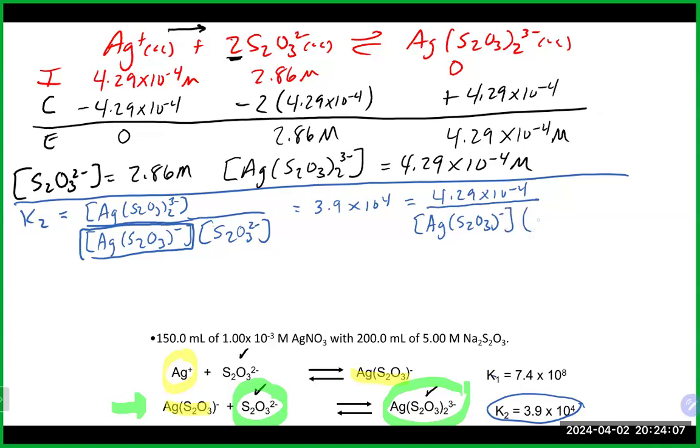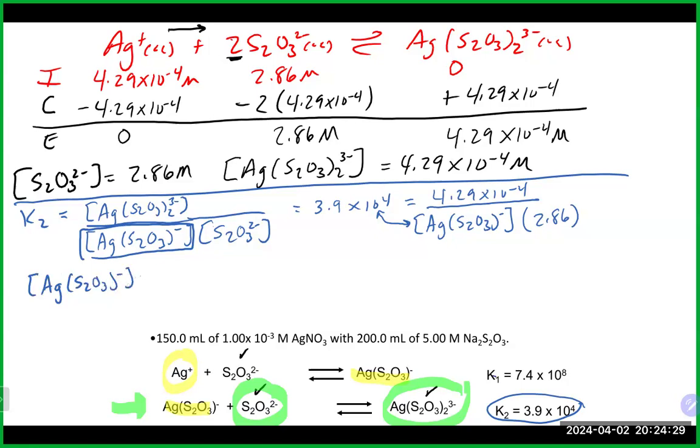And we do have the S2O3, which is 2.86. Once again, if we mathematically solve for that, these two guys are going to switch places. We're going to multiply the guy on the bottom to the other side, divide the guy on the left back over. And that will give us the concentration of this guy here, which is what we're looking for.